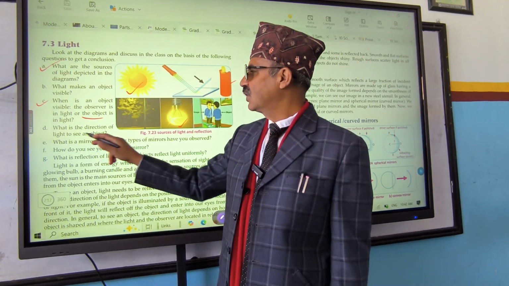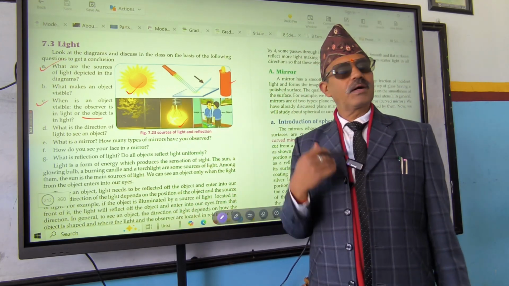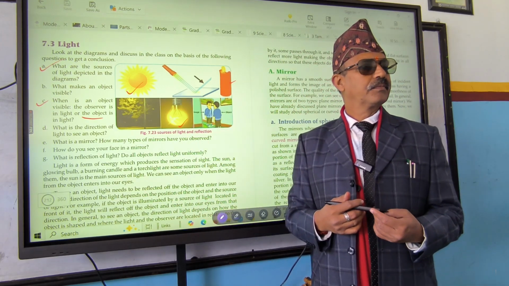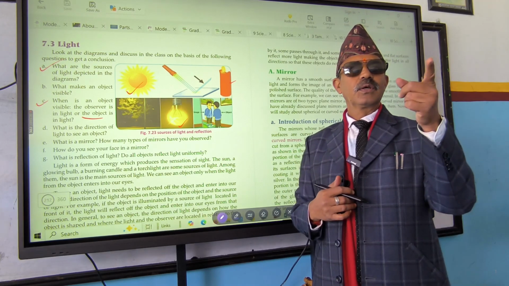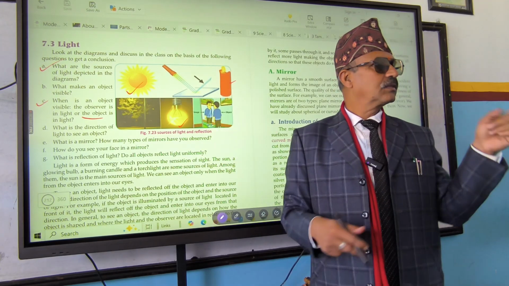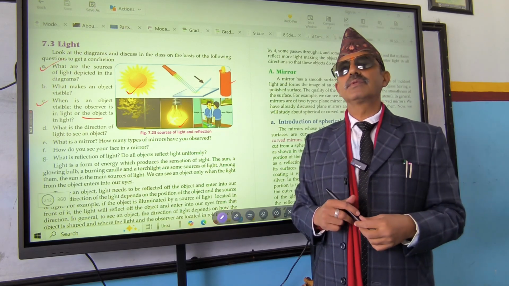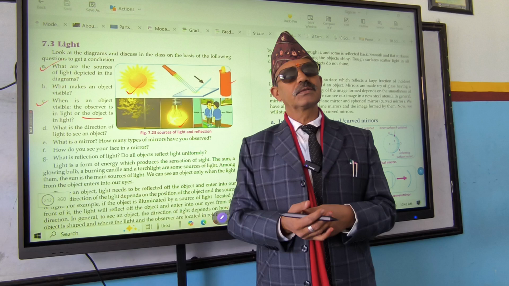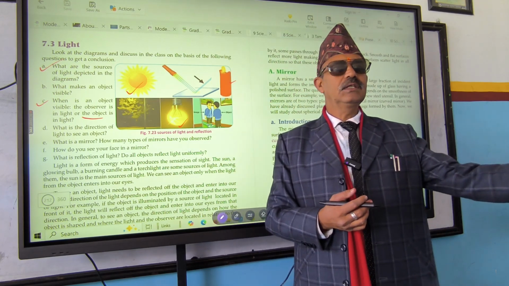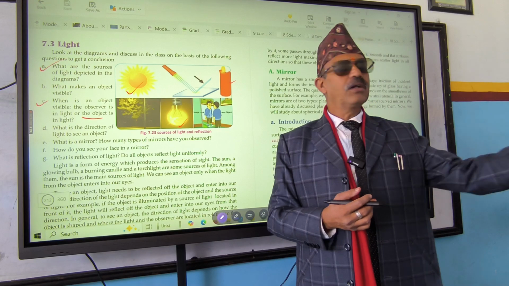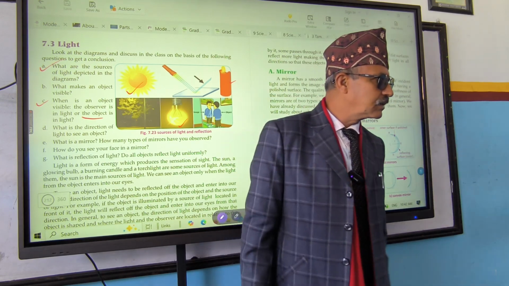And what is the direction of light to see an object? Backward direction, forward direction, towards the object or the other way? Towards the object. When the light falls on his body, that light is reflected into my eyes, then only I can see him.